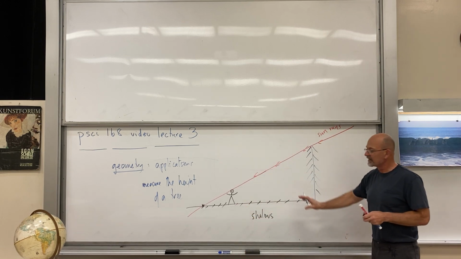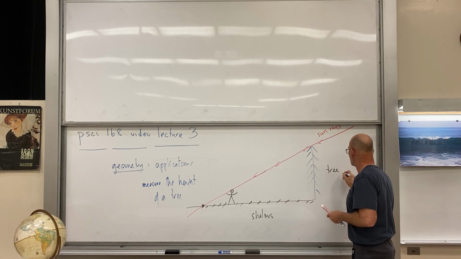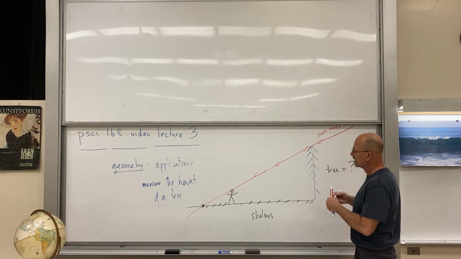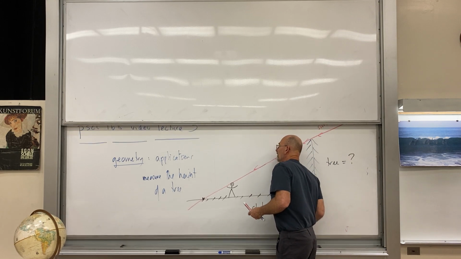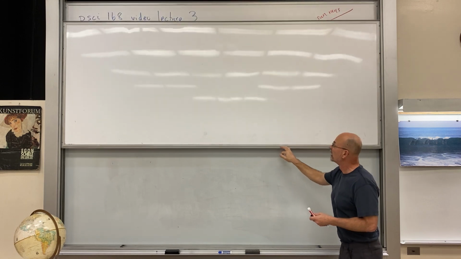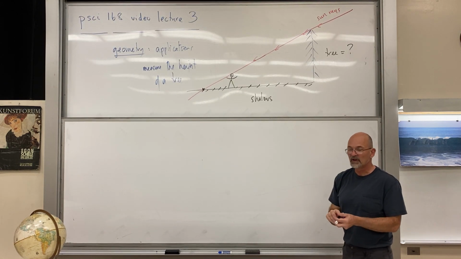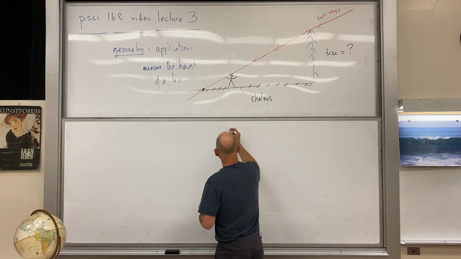And you can actually see there are 2 triangles right here. This, of course, is the tree. How high is the tree? So let's go ahead and just turn that into a pure geometry problem. What we're using is what's called similar triangles.